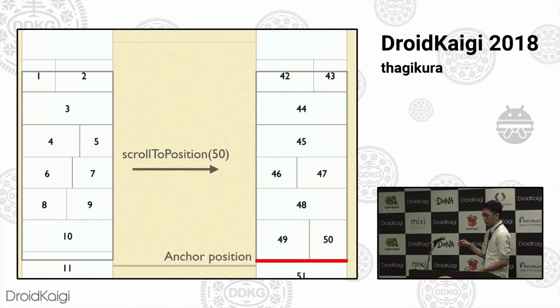Is it clear? Okay. Then in that case, it is natural to put the anchor position at the bottom, then start filling the views towards the top of the screen. Okay, that's it for the onLayoutChildren method.